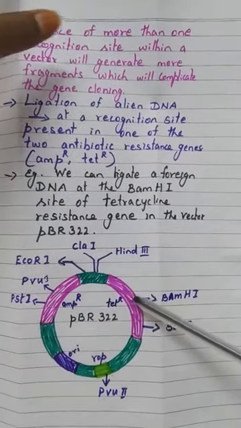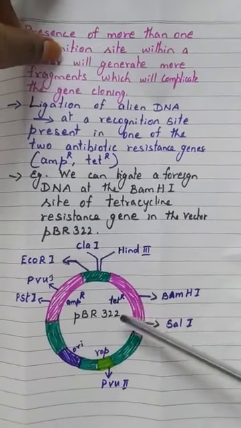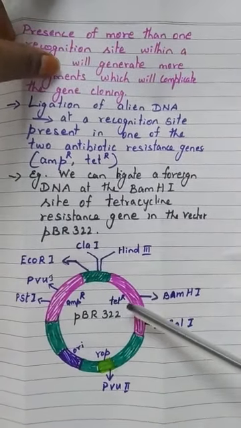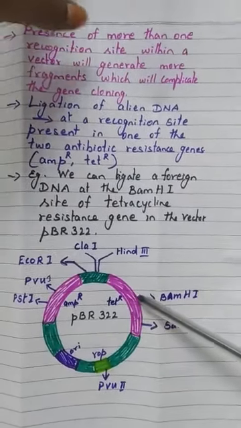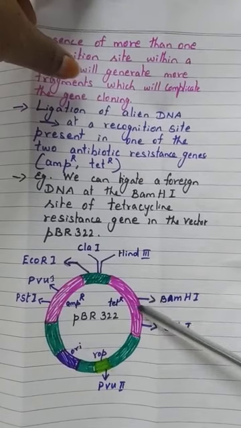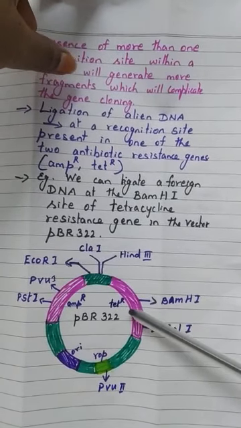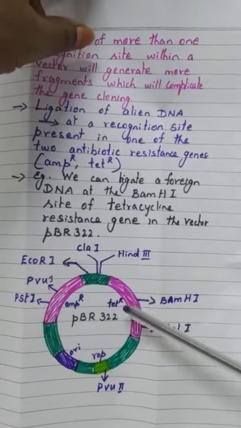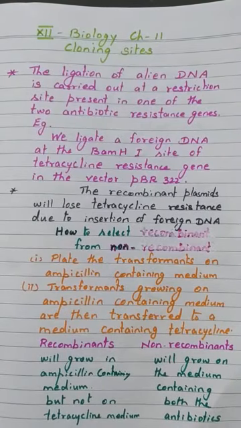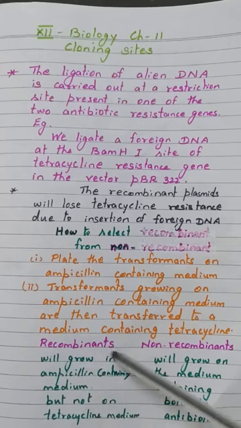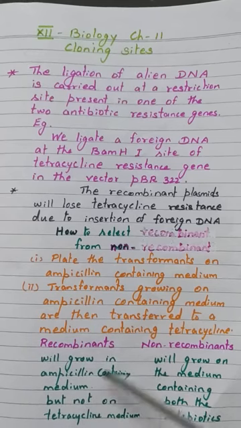But these recombinant plasmids cannot grow in tetracycline, because by the insertion of the foreign DNA, they lost their power to resist tetracycline. So recombinants will grow in ampicillin containing medium.